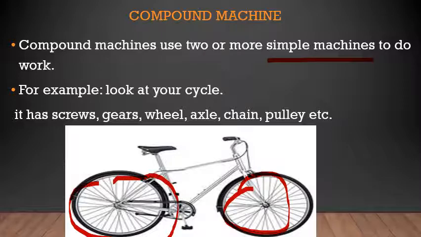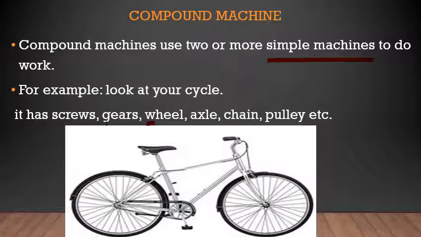Here you can see the axle, then you can see the chain here. Now I'm sure you might have seen the chain. Now these are the gears, the screw, the wheel, axle, chain and pulley, etc. These are the different simple machines that are used in a cycle, which makes the cycle a compound machine.